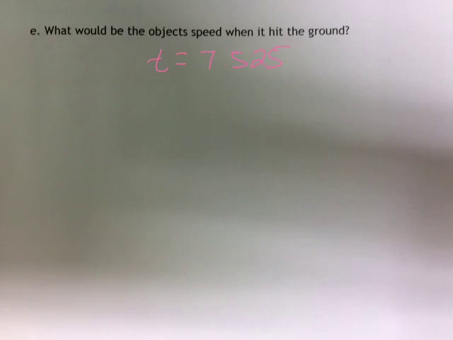So we're going to need to use the speed function, which we derived in the first section, which is negative 32t plus 120. So now all I have to do is substitute that time in for t. So I'm doing h prime of 7.525. So I get negative 32 times 7.525 plus 120.